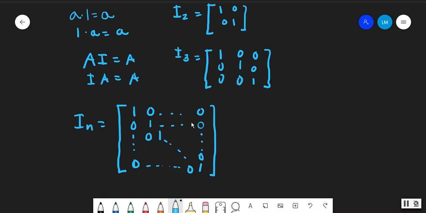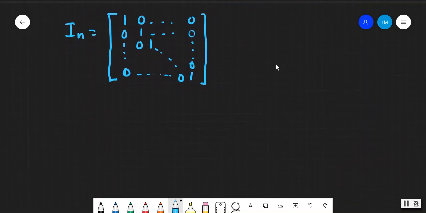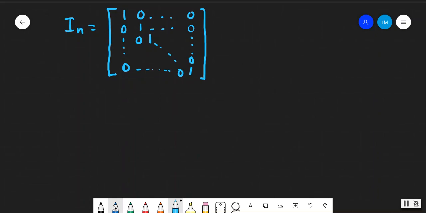Now, how this relates is that, for example, if I wanted to solve a system, let's say you have the following matrix: 2, 7, 1, 4, multiplied by the matrix x, y, z, and w.